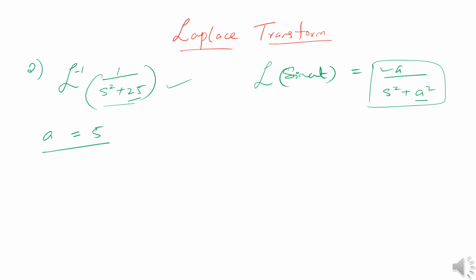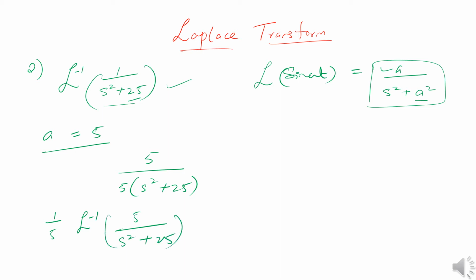Here in the numerator a is missing, so if I multiply by a, I have to divide by a similarly. Now I can write this problem as 1 over 5 Laplace inverse of 5 over s squared plus 25. So now this has become the Laplace transform of sine 5t.